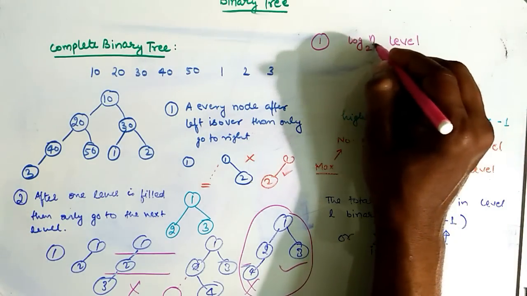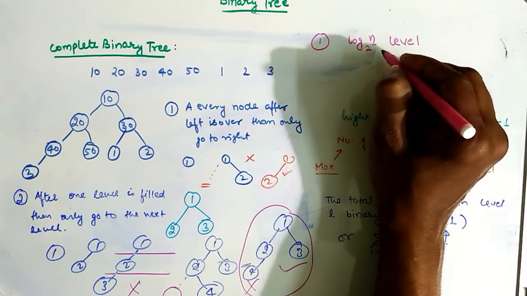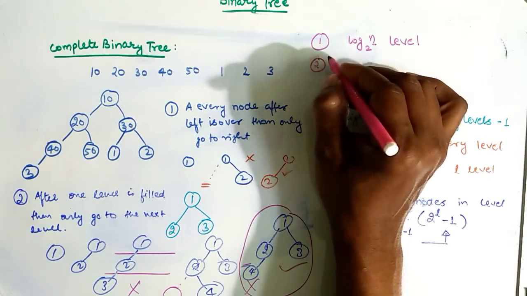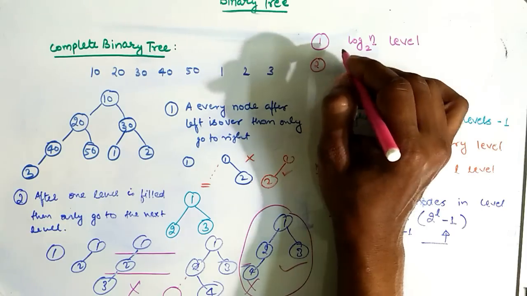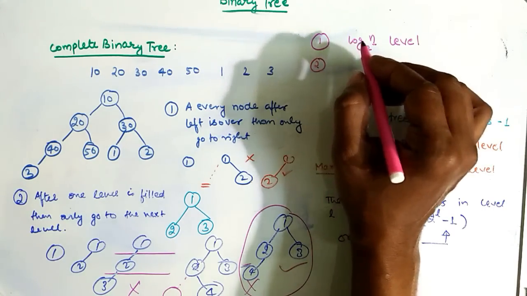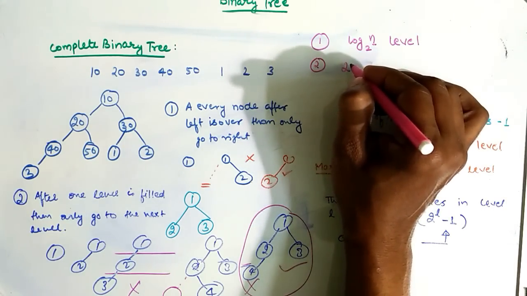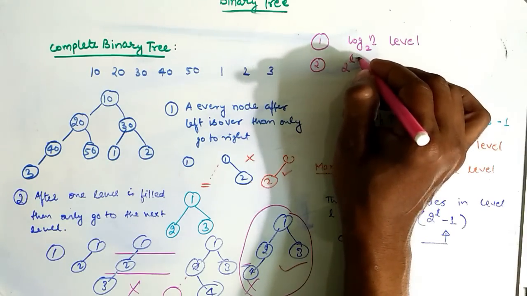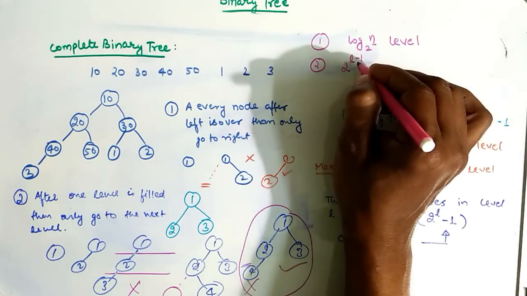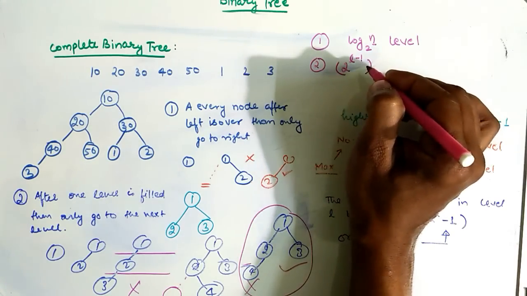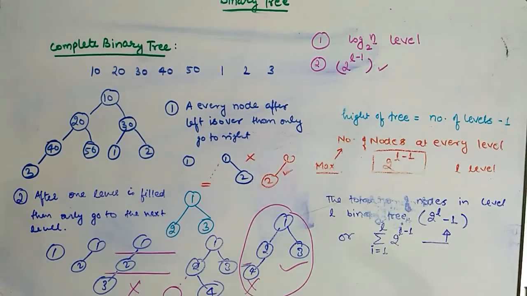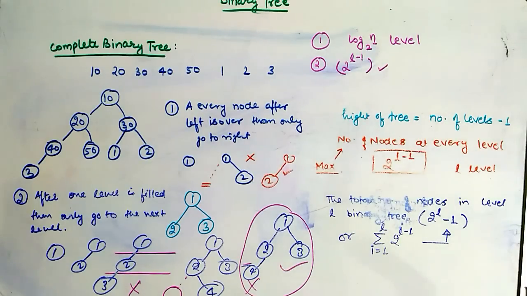So for n node complete binary tree, always we have log n base 2 levels, and the minimum number of nodes at each level can be given as 2 to the power, so if a level number is L, then it can be given as 2 to the power L minus 1 number of nodes. Okay, so the minimum number of nodes at each level in complete binary tree is 2 to the power L minus 1. Okay, so this is a complete binary tree.